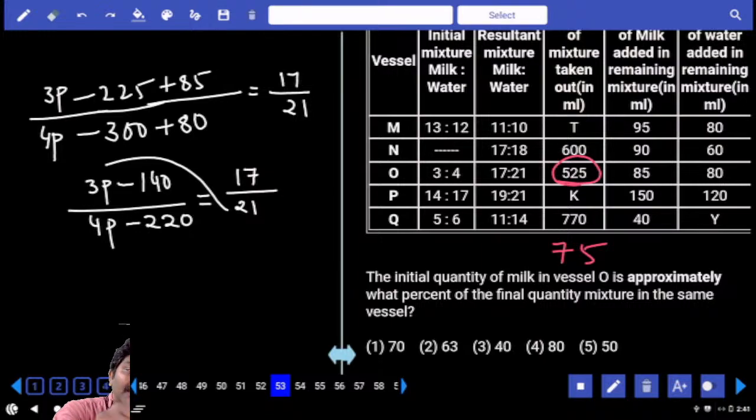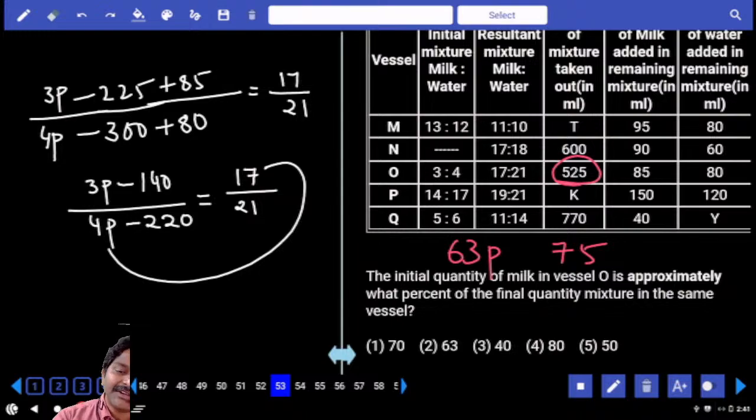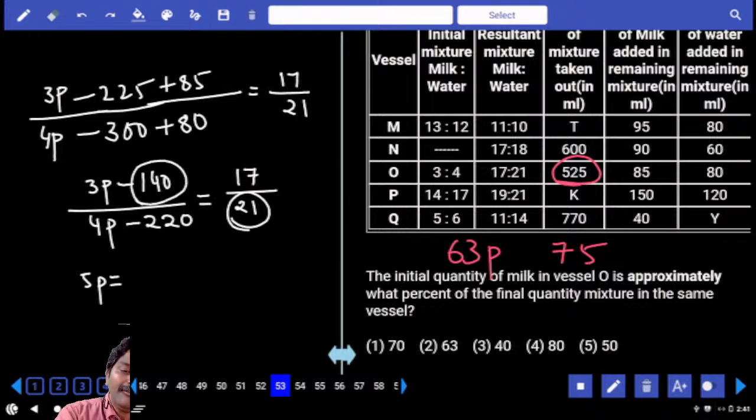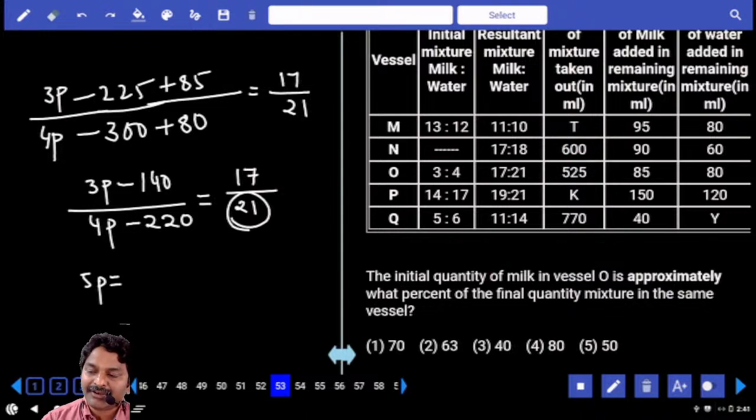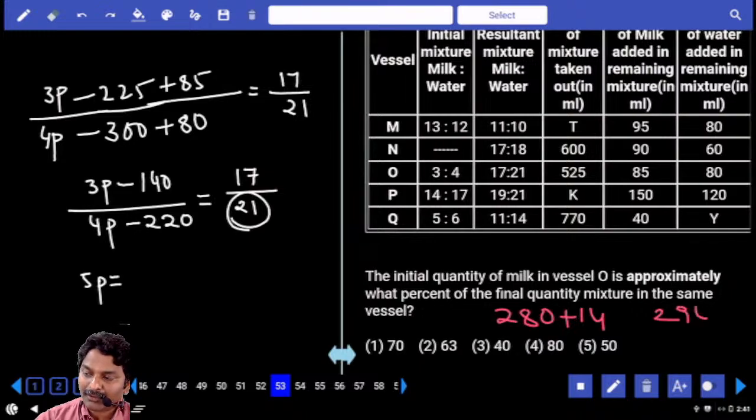3 parts into 21, 63. 4 parts into 17, 68. Difference, 5 parts is equal to 21 into 14 times, 294, and then we need to write one more 0.